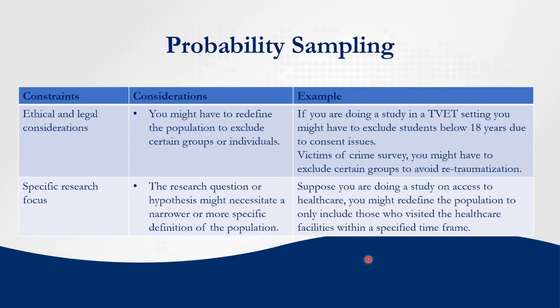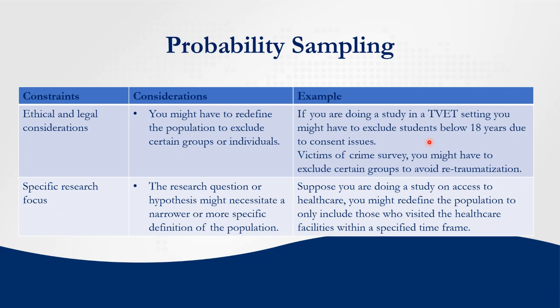Ethical and legal considerations: let's say you are doing a study on what is referred to as TVETs, and you want to do a study on students there. We know that with the TVET colleges, you might have more younger students compared to your traditional, normal universities.